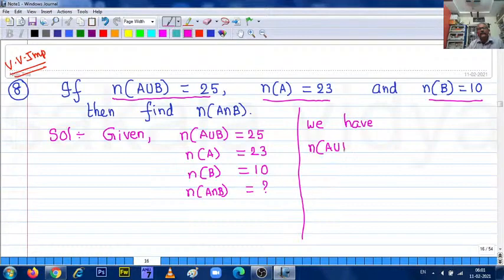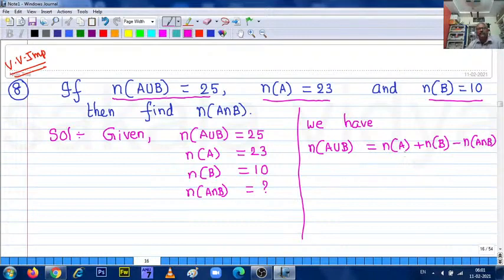n of A union B is equal to n of A plus n of B minus n of A intersection B. This is the relationship among these values.